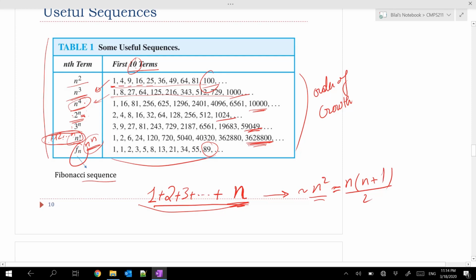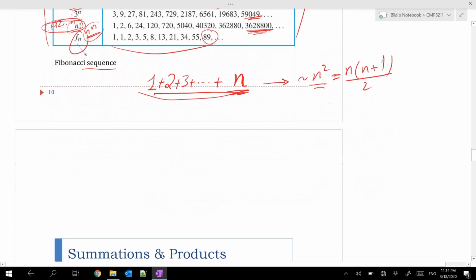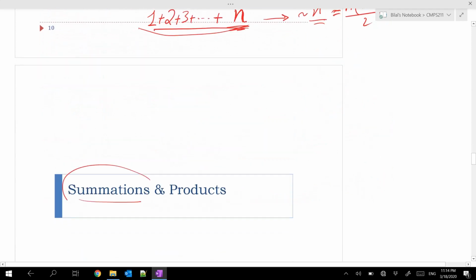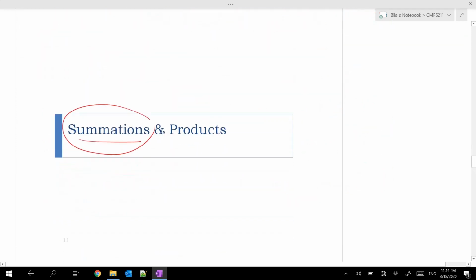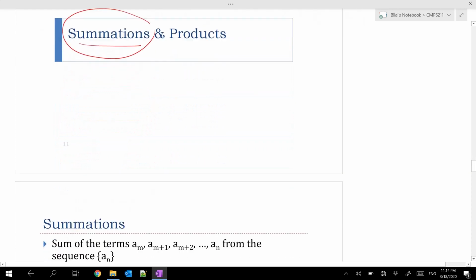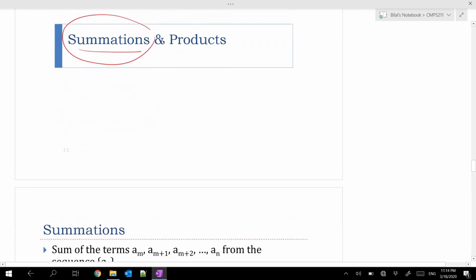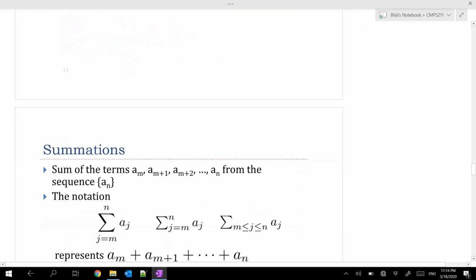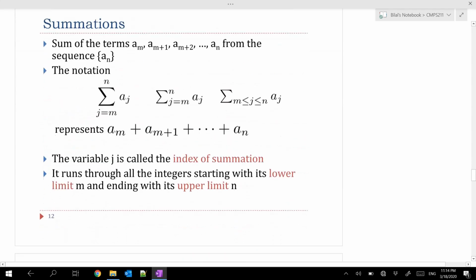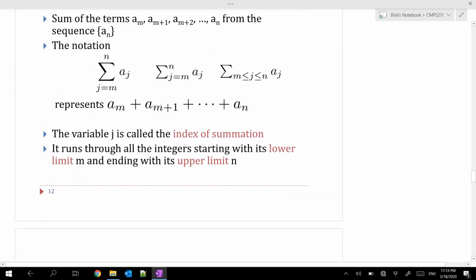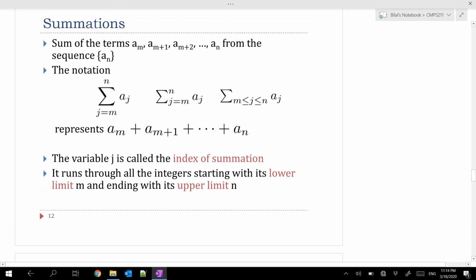You can do it quite easily by induction and show that it becomes something quadratic, not linear. So this is why it's important to know that the summation of the terms of a certain sequence may change the final outcome. It's not equivalent to a_n itself, but it's something maybe bigger than the last term in the sequence.